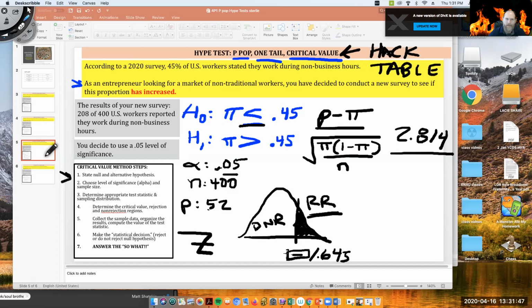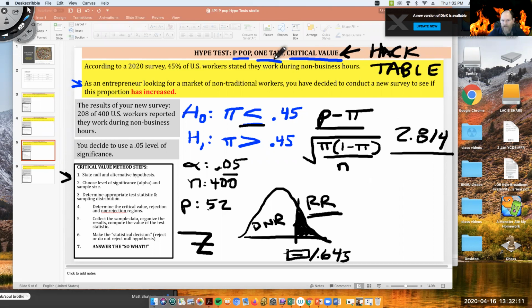Now, I'm not saying that when you do a one-tail that you should have the same result as if you had a two-tail. That is not what I'm saying. I'm saying that if you have a two-tailed test, it doesn't matter whether you use a critical value or p-value, you should get the same result. So make sure you understand my logic here.